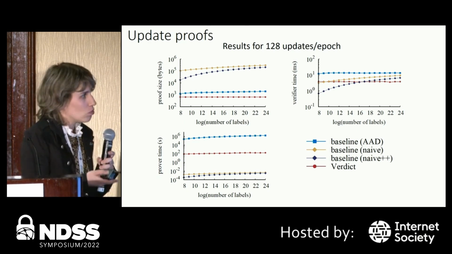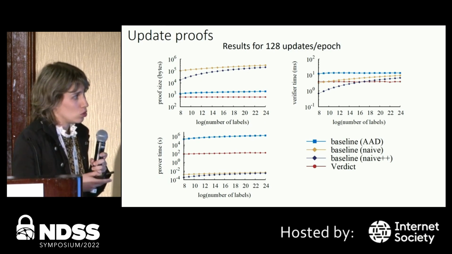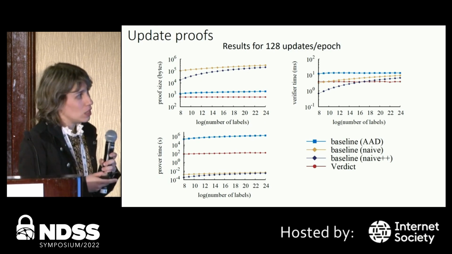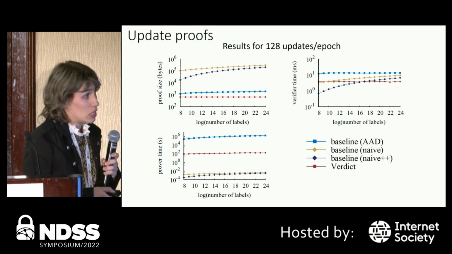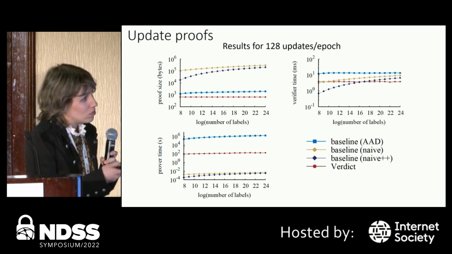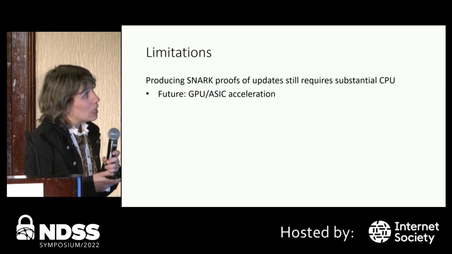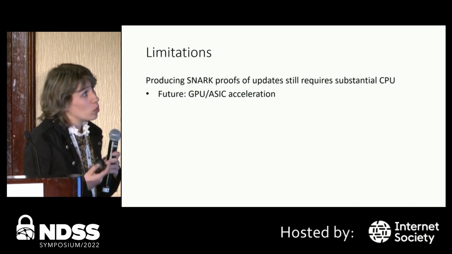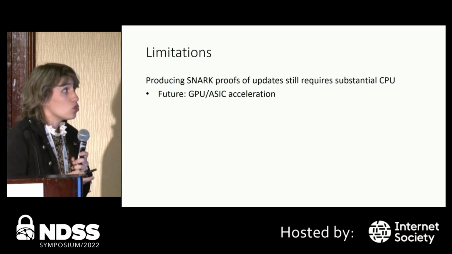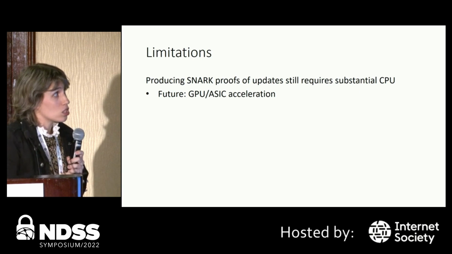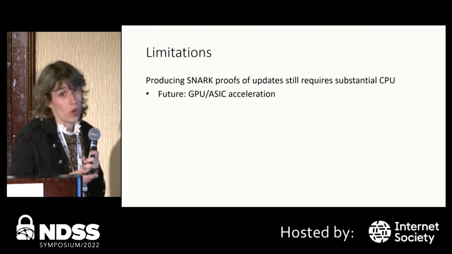That's more than 3 orders of magnitude better than the AADs, but more than 4 orders of magnitude worse than the naive baselines. And that's actually the main limitation of Verdict, namely that producing snark proofs of updates still requires substantial CPU. In the future, we could probably mitigate these costs by employing GPU or ASIC acceleration.